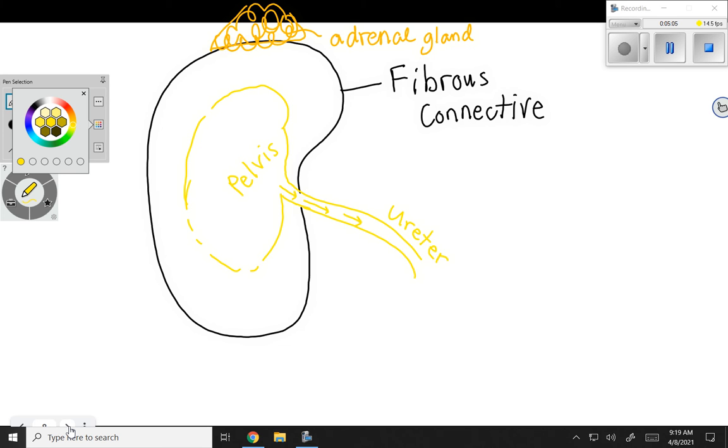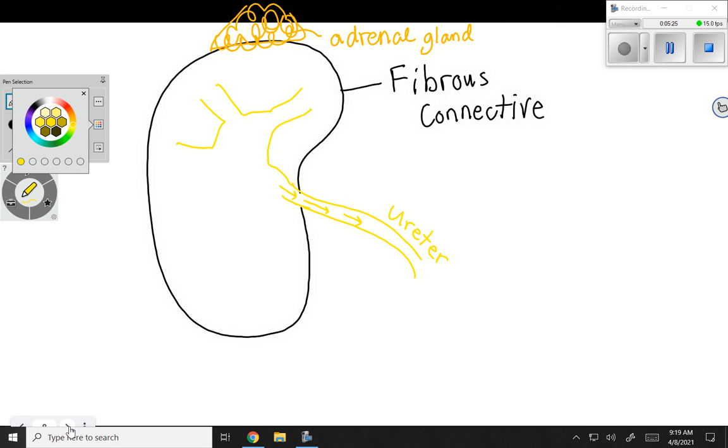Coming off of each pelvis, I'm going to erase this now so that I can draw that a little bit differently. Coming off of each pelvis, it branches into little tubes that are called calyces.